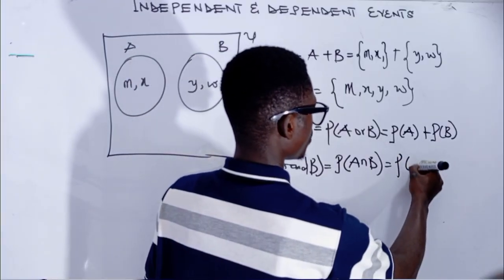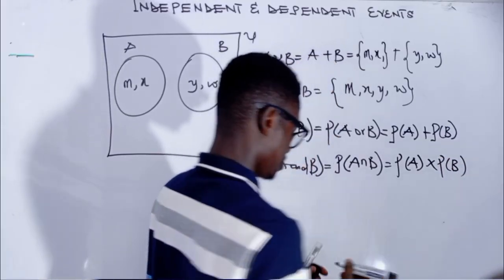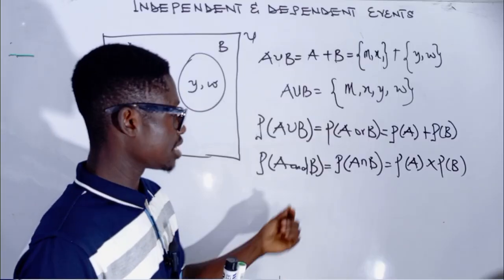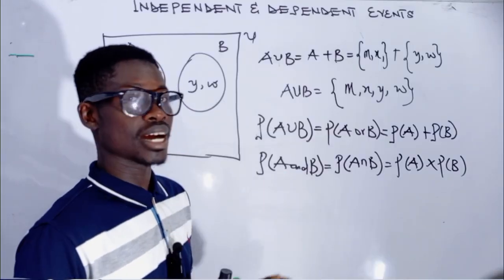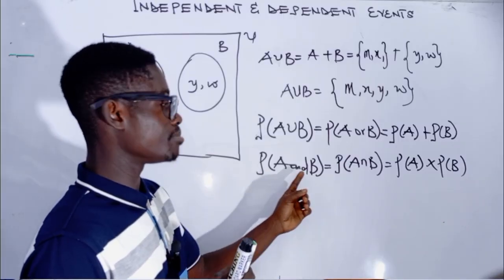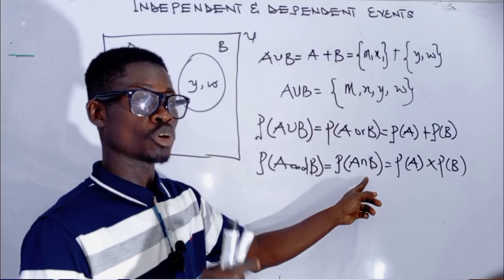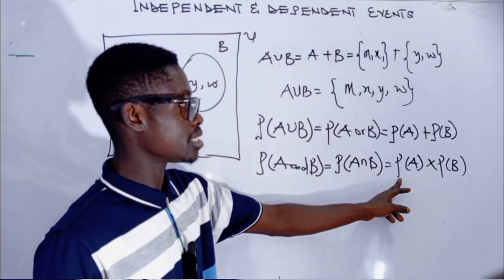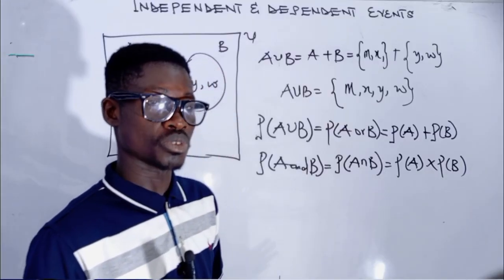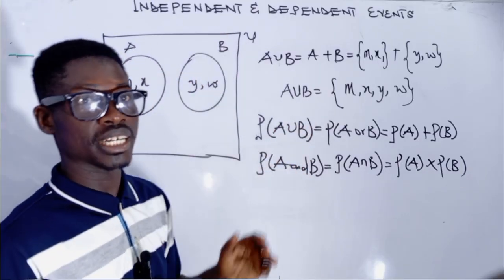So we have probability of A multiplied by probability of B. Therefore, if event A and then event B are two independent events, then the probability of A and B, which is the same as probability of A intersection B, is obtained by multiplying the probability of A by the probability of event B, and then you are good to go. So this is how we find the probability of an independent event.